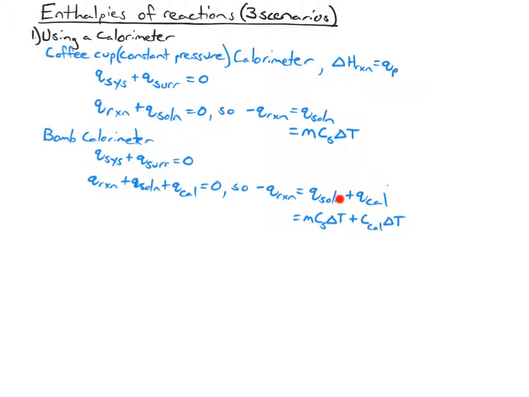Now Q of the solution is still that same mc delta T, whereas for Q of the calorimeter, the mass is usually already incorporated into the C of the calorimeter, so we just take that times the change in temperature. And we can ultimately solve for minus Q of the reaction, which then gives Q of the reaction, equal to the change in enthalpy of that reaction.